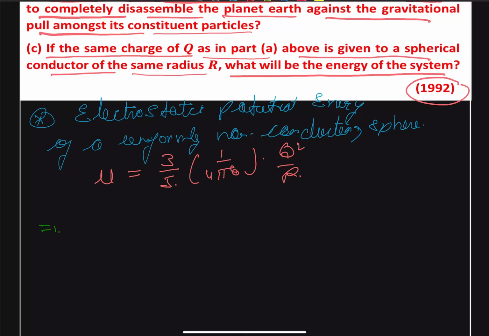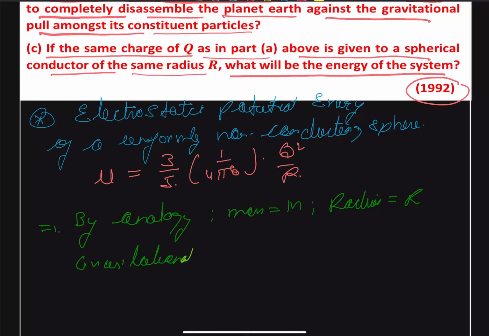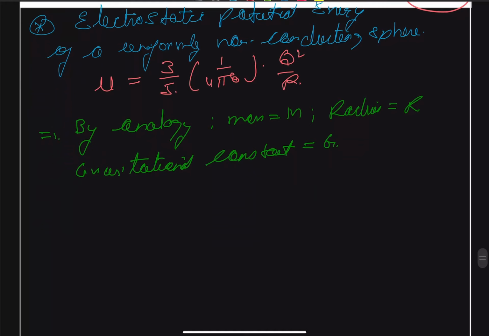By analogy, our mass is given as capital M and radius is given as capital R. Gravitational constant is our capital G. Therefore, using the analogy, we can replace our 1 upon 4 pi epsilon naught by G, and our Q square will be replaced by M square.